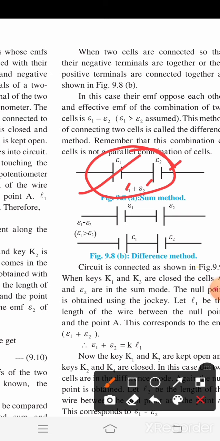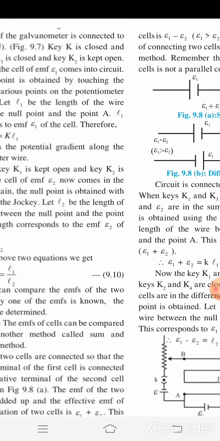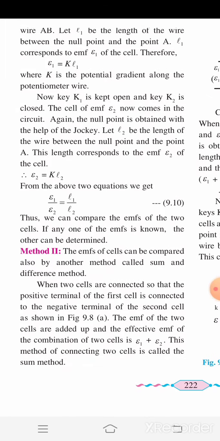Figure 9.8b gives us the difference method. Why is it the difference method? Because the effective EMF of the combination is given by the difference between the EMFs, E1 minus E2. So this second method is known as the sum and difference method to compare the EMF of two cells.